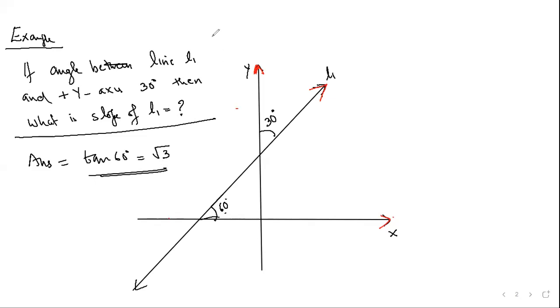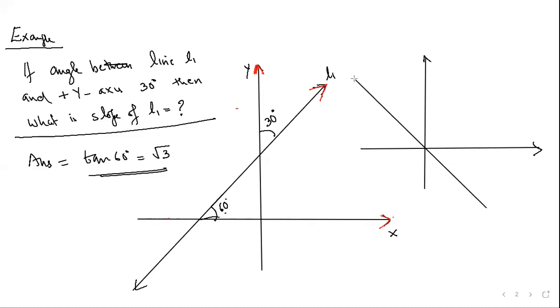Okay, we'll draw another one on the side here. Last time we did the bisector; we'll draw the bisector of the second and third quadrant, fourth quadrant.